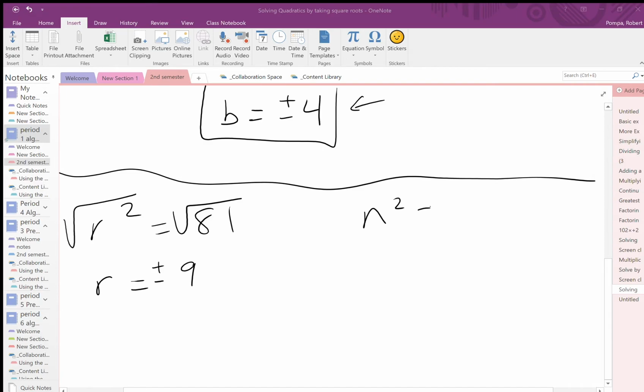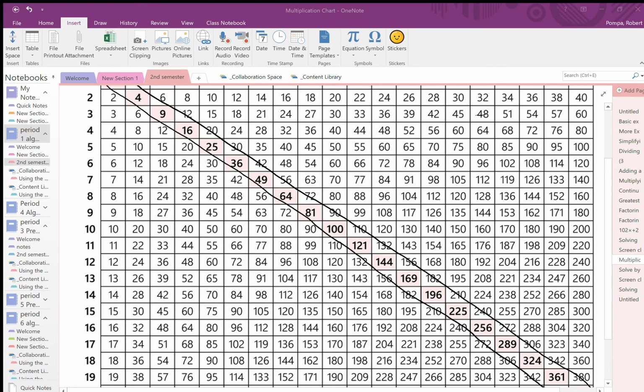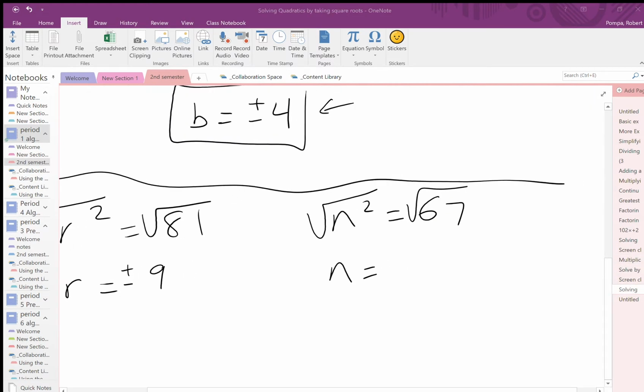You might also get something like this. N squared equals 67. Again, since there's no plus or minus, we take the square root, take the square root. N equals, if we look over here to a multiplication table, there is no 67. It goes from 64 to 81. Since there is no 67, that means our answer is going to be a square root.